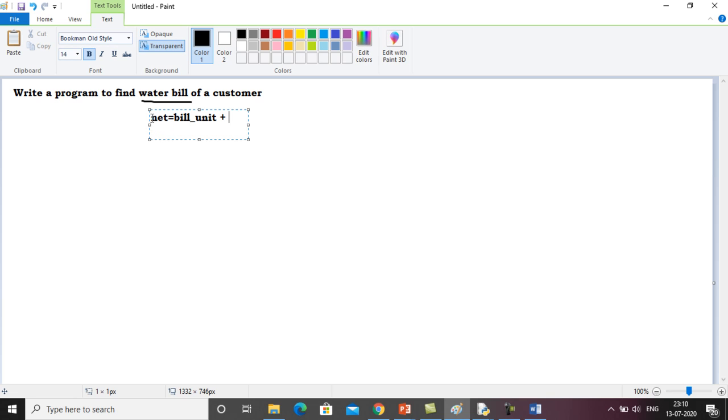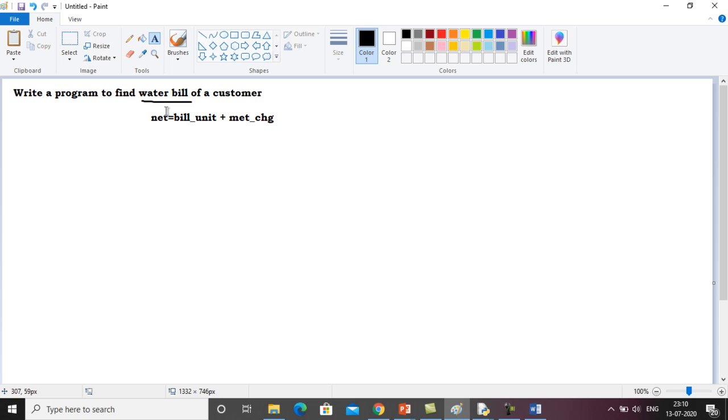Let's type it MET underscore CHG. This represents the meter charge, which is 75 rupees. So we have to solve this formula.